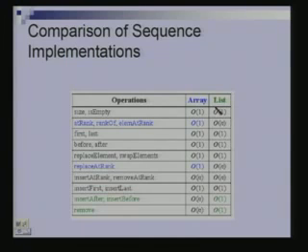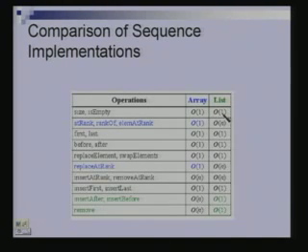So, this is a comparison of the sequence operations. You can implement a sequence using an array, in the picture I showed you previously, and you can also implement a sequence using a doubly linked list, and this would be the worst case running times of each.